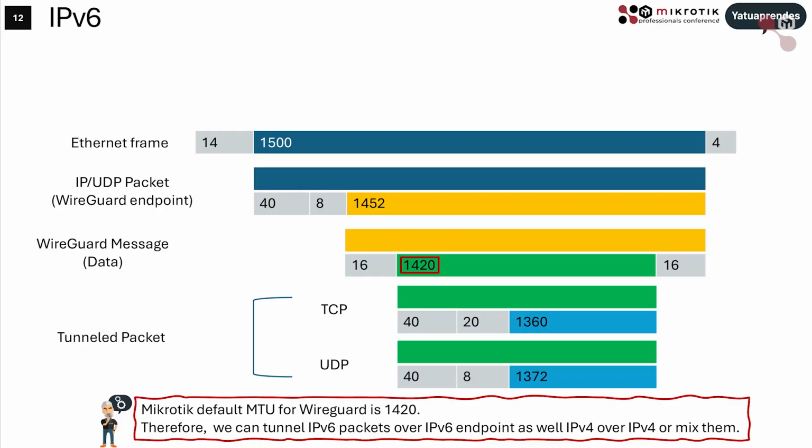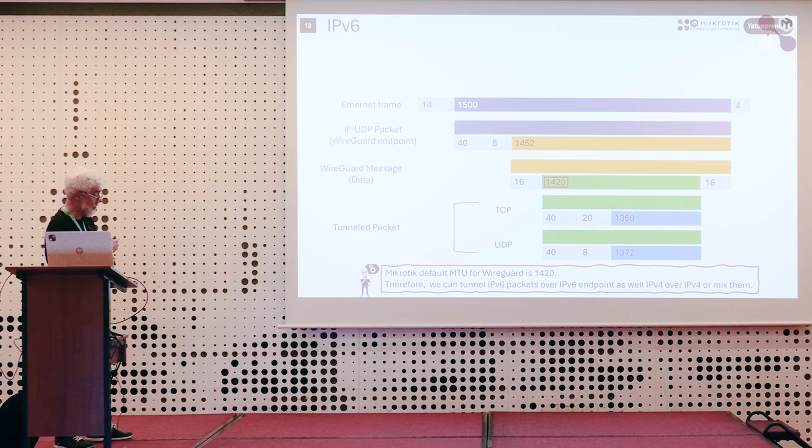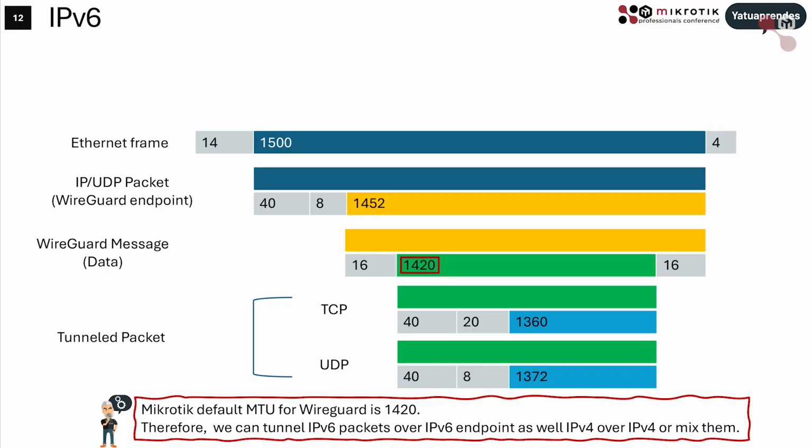If we are using IPv6, the numbers change a little. We're using a 40-byte IP header, resulting in 1,420 bytes. Encapsulating IPv6 inside, we have a resulting available payload of 1,360 or 1,372 bytes.